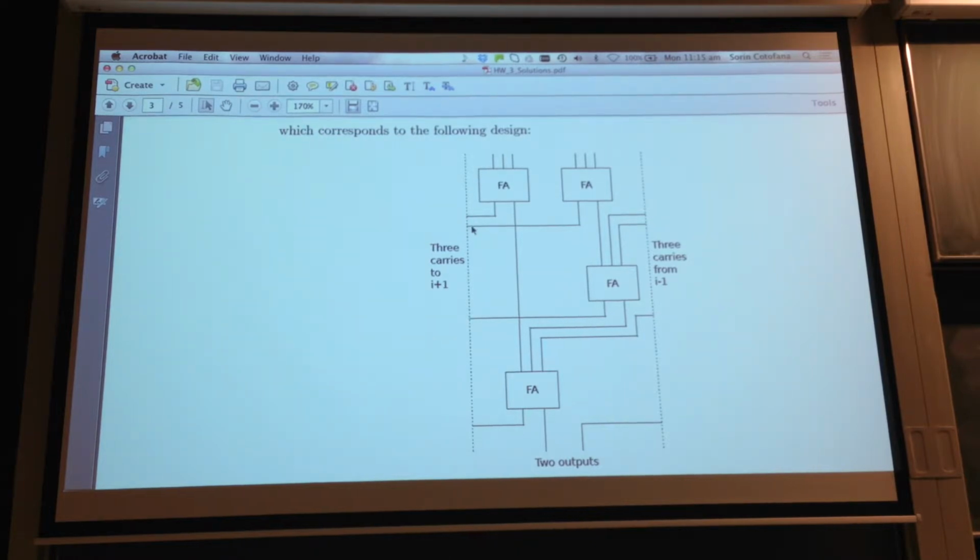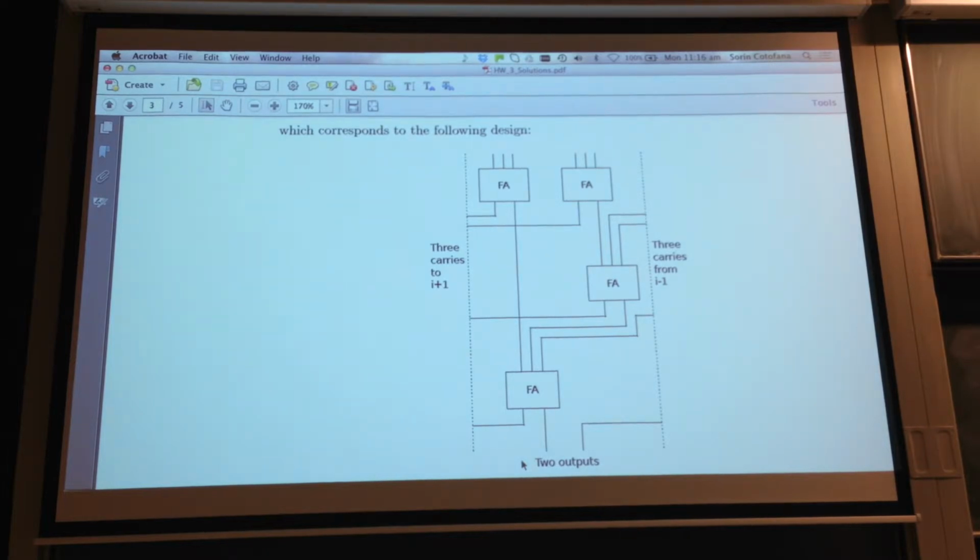Then I have 1, 2, 3 units. This one is coming now to me from my previous guy, and I have this, plus this, plus this, will give me this value, which is my sum and my carry, and those are the 2 outputs.